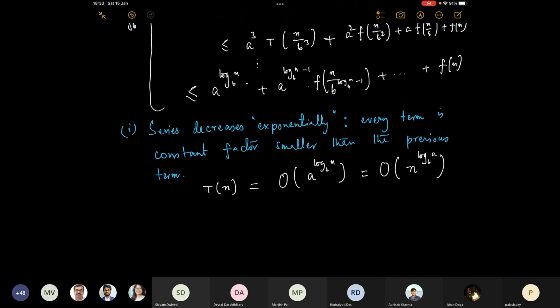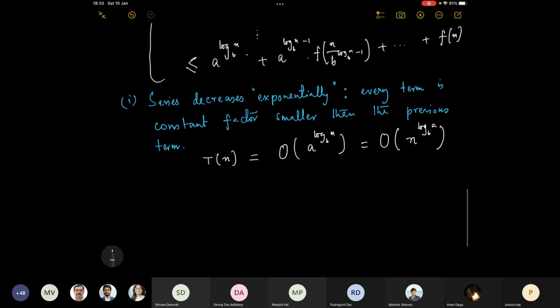So, you take any geometric progression. What does a geometric progression look like? A times R up to A times R to the power n. That's how a geometric progression looks like. Now, this is an exponentially decreasing series if R is a fraction, if R is between 0 and 1.